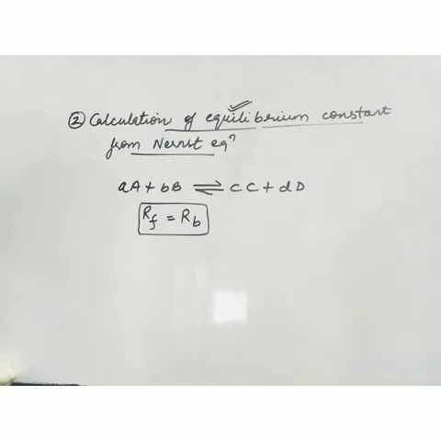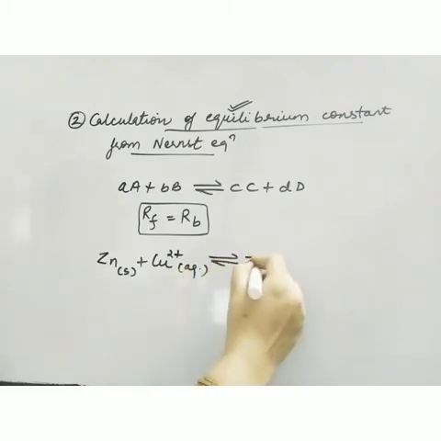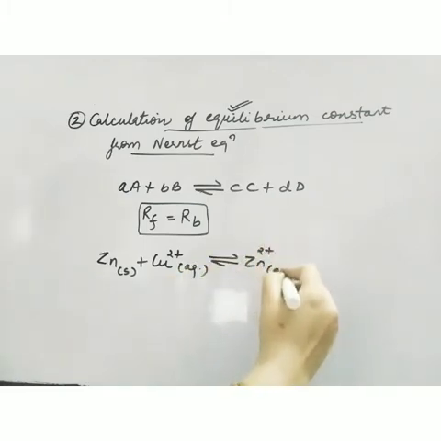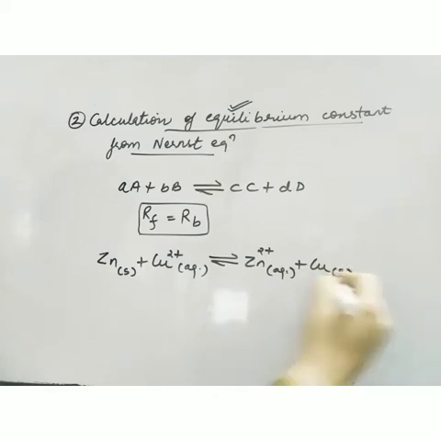Let's see. So what we'll do, we'll take the example of the same cell, that is zinc copper cell. Now you know this is the reaction taking place in the zinc copper cell, and suppose the cell is in equilibrium. The cell is in equilibrium means Zn is changing to Zn2 plus, and simultaneously the Zn2 plus will change to Zn, like this.